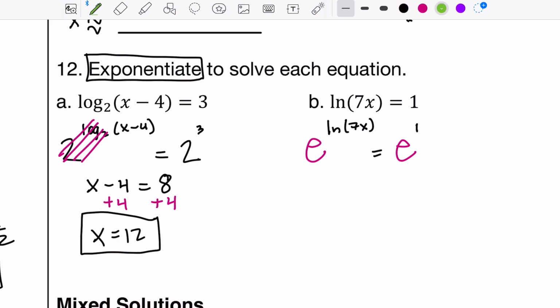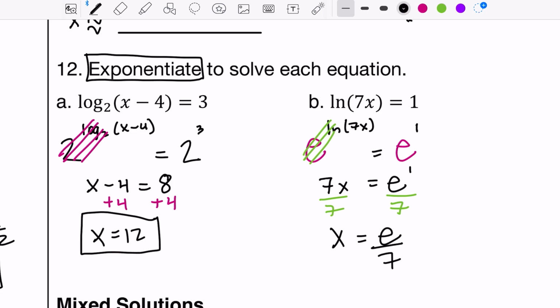And then we recognize that e and natural log are inverses of each other. So we get 7x equals e to the first power. You don't have to write the 1, but you can. And then we divide both sides by 7. So we get x equals e over 7. And then you can plug that in your calculator to get your decimal approximation. And that is all for Chapter 10.